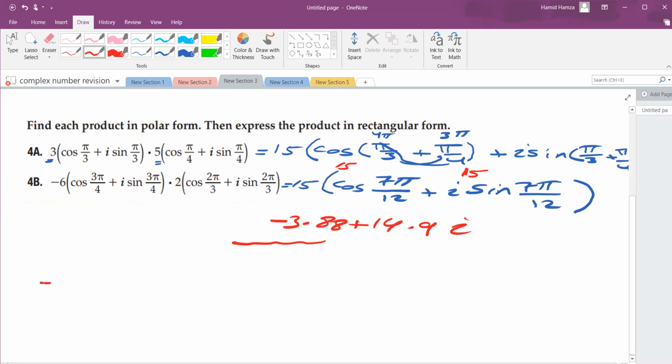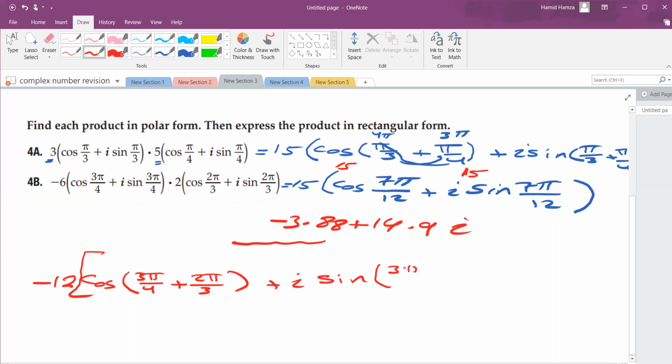So the answer will be negative 12. And then add: cosine of 3 pi over 4 plus 2 pi over 3, plus i sine of 3 pi over 4 plus 2 pi over 3. So it will equal negative 12 cosine.